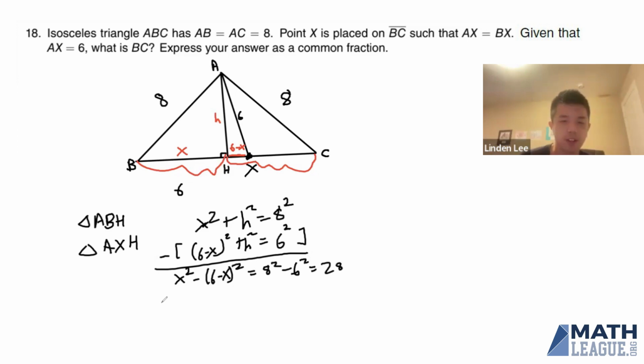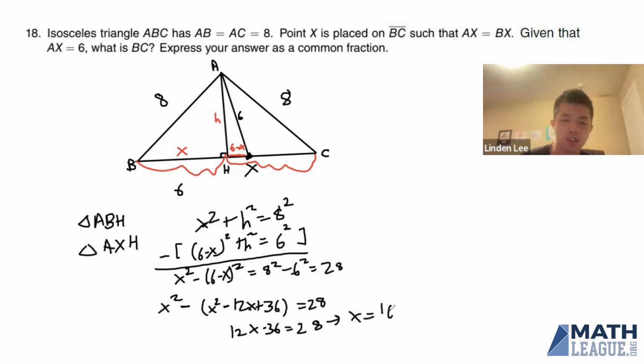You expand out this left-hand side, you're going to get x squared minus the quantity x squared minus 12x plus 36 is equal to 28. So you have 12x minus 36 is equal to 28. Now, if you solve this equation, you're going to get x is equal to 16 divided by 3, which is very nice because we know that we want to find what BC is.